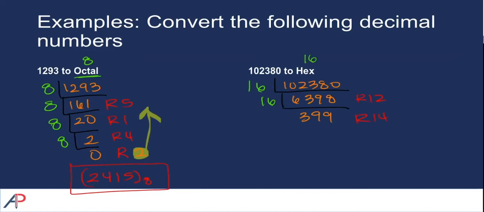Divided again, because we're still not quite there. Divided by 16, 399 divided by 16, we get 24 with a remainder of, what is this remainder? 15.